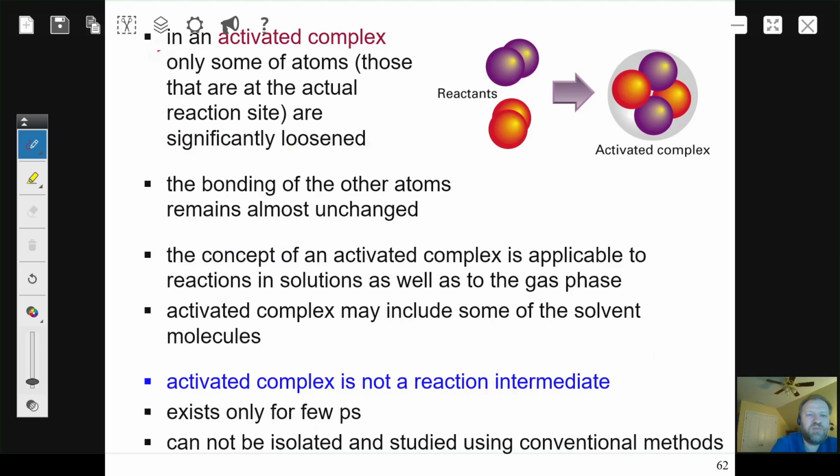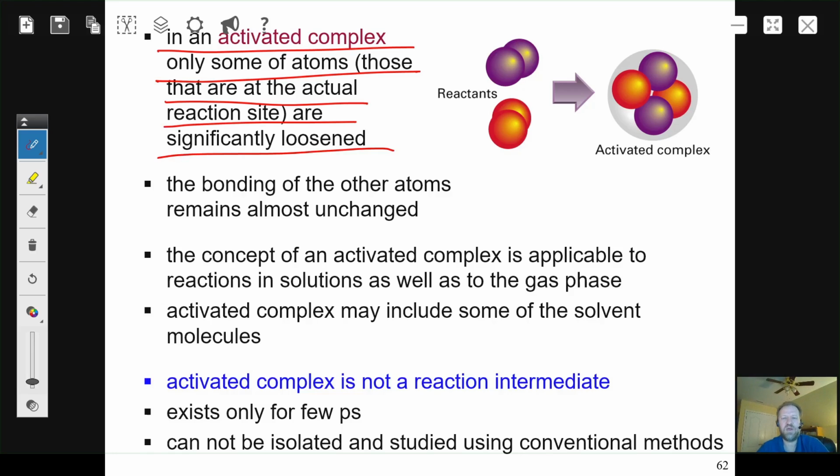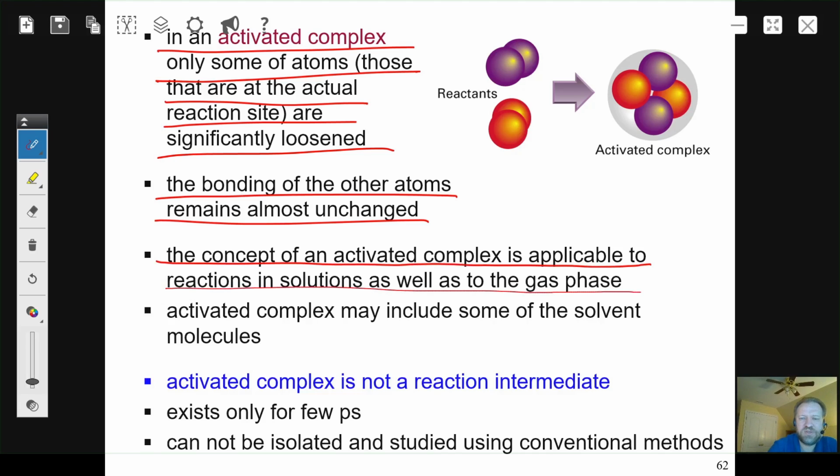Well, in an activated complex, only some of the atoms, those at the actual reaction site, are significantly loosened and a little bit rearranged. The bonding of the other atoms remains almost unchanged, and I'll show you an example in just a second. Now, the beauty is that the concept of an activated complex is applicable to reactions in solutions as well as to the gas phase, because an activated complex may include not only the atoms of the reactant species, but some of the solvent molecules.